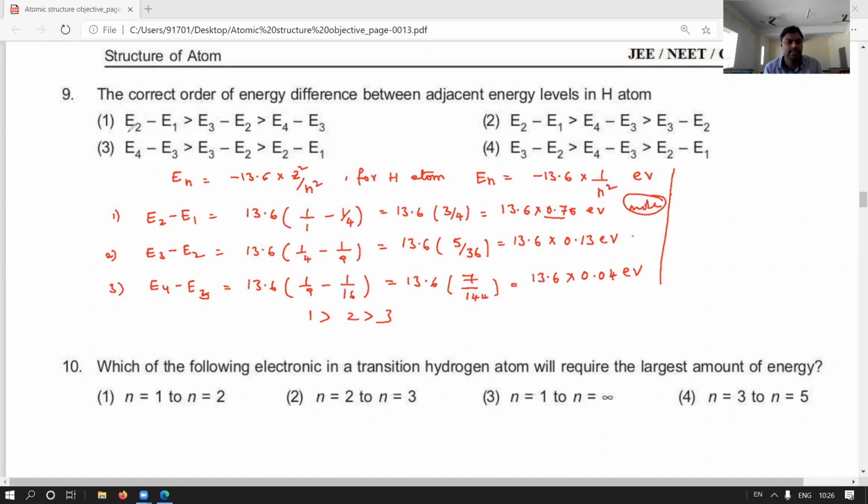That's why E2 minus E1 is nearer to the nucleus, then E3 minus E2, then E4 minus E3, like E5 minus E4, then E6 minus E5. So we can make many orders.